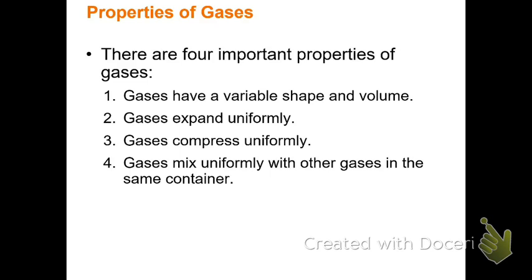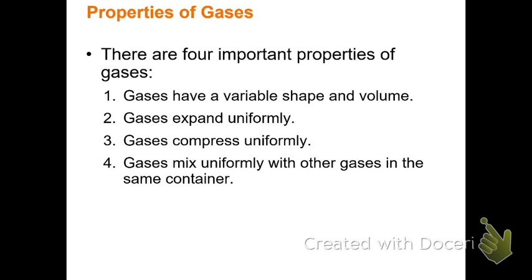The reason for this property is because of properties number 2 and 3. Gases can expand and compress. So you can compress gas so that it'll have a 1-gallon volume, or you can expand the gas in order to have a 10-gallon volume.